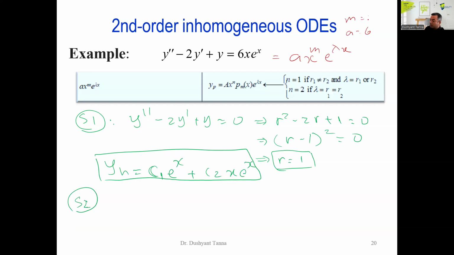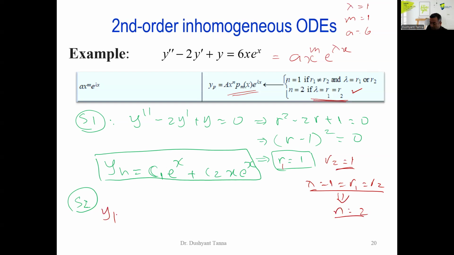Your m is 1 and lambda is 1. Okay, so this is your y_p. If lambda is equal to r1, r2, your r1 is 1, your r2 is 1. Both of them are the same. Lambda is equal to 1, which is the same as r1 and r2. Therefore, you will go for n is equal to 2, right? That will give you n is equal to 2.